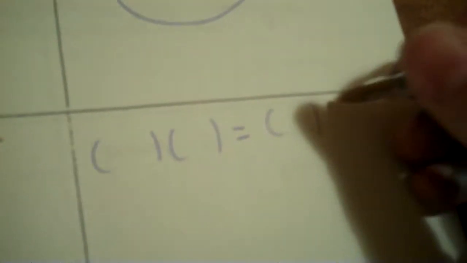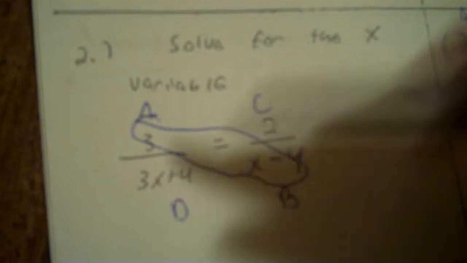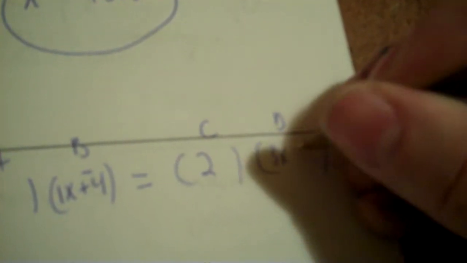I line up my equals, put 2 parentheses on each side, and each of those represents the expression. So a times b is equal to c times d. So a is 3, and b is x minus 4, 1x plus negative 4. Then c is 2, and that equals 2 times 3x plus 4.